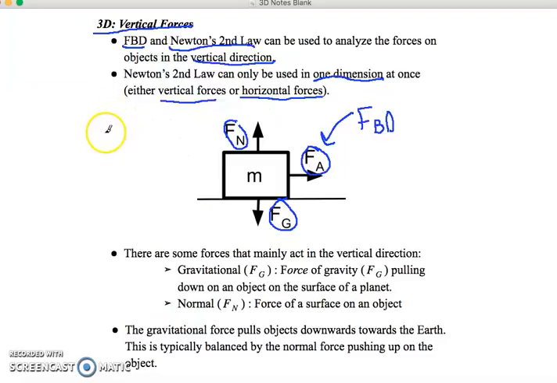We're going to use some notation so we remember if we're dealing with vertical or horizontal forces. Remember Newton's second law: net force is equal to the mass times the acceleration. This symbol right here, net force with the little subscript x, is for horizontal net forces.